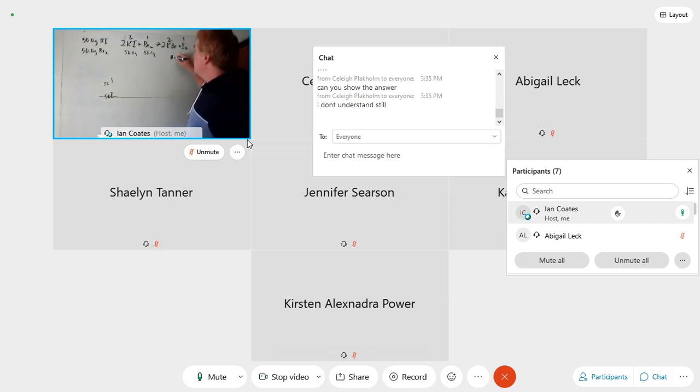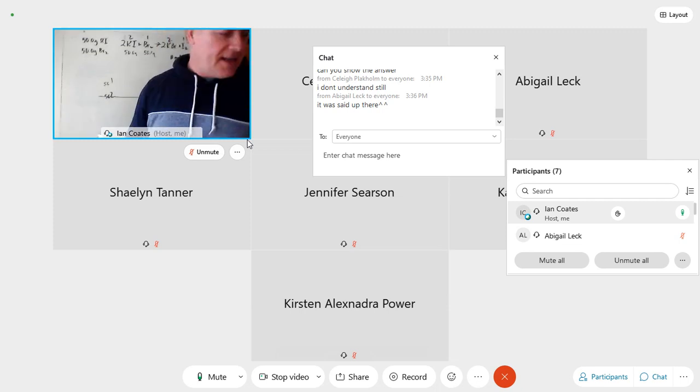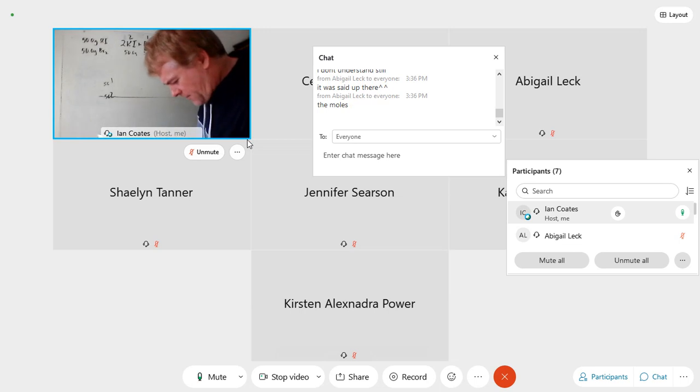Your formula: number of moles is equal to grams divided by molar mass. So we're dealing with this one because I can't deal with grams. I'll have 50 grams divided by, I don't know the molar mass of potassium iodide off the top of my head, but potassium is 40, iodine is 127. 40 and 127 is 167.